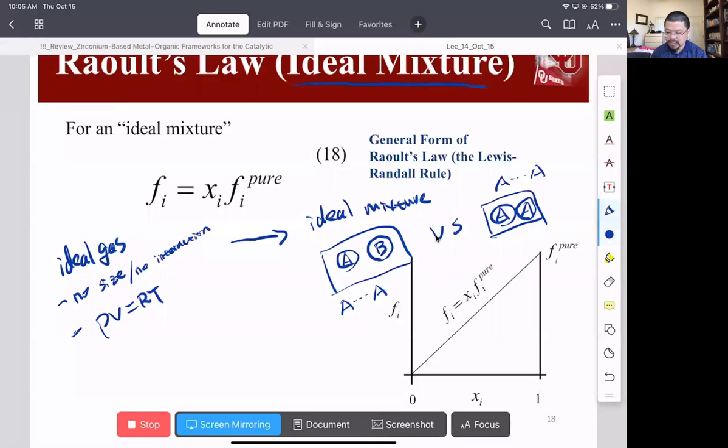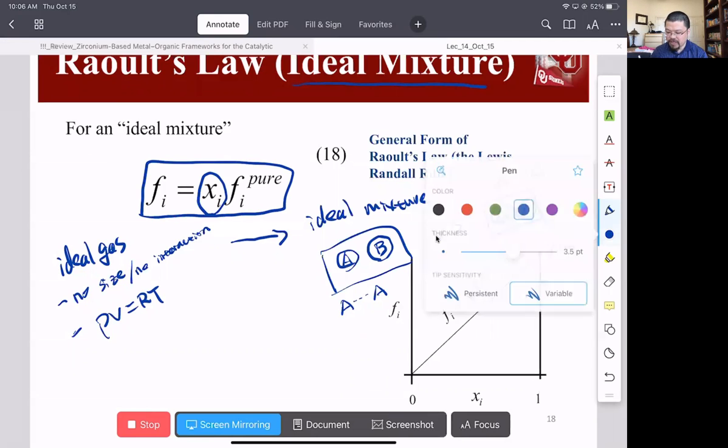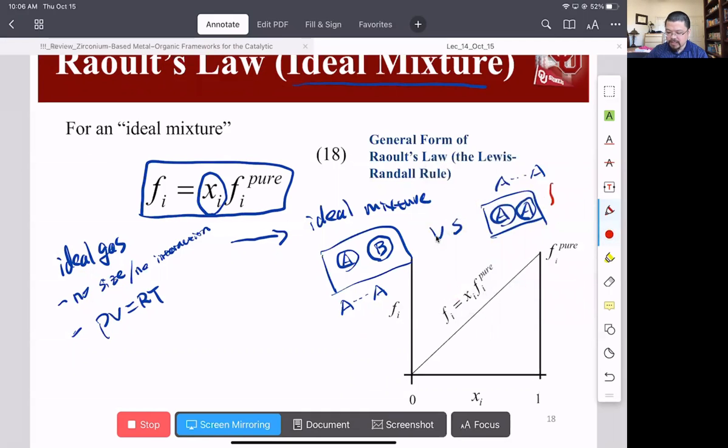Well, the use of it is if we look at equation 18, then we realize that the fugacity of the mixture, if this is an ideal mixture, is proportional to the composition ratio of that mixture. So if I have this as my fugacity, and we call this the pure case, and here, of course, this is the mixture.